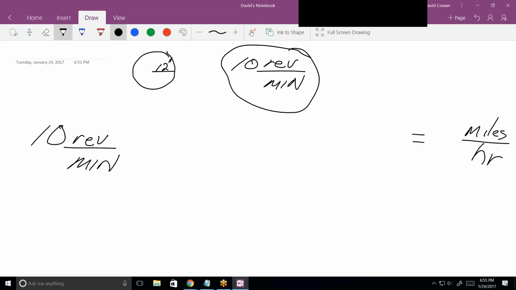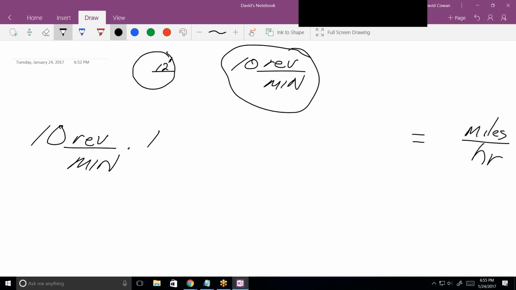Well, let's deal with the hard part first. Let's figure out radians. What's the radian per revolution conversion factor? 2 pi. Okay, so is it 1 over 2 pi or 2 pi over 1 in this case? 1 over 2 pi.